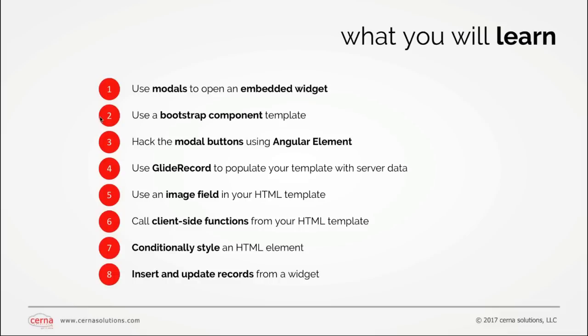We'll use GlideRecord to populate your template with server data. We will use an image field in your HTML template. We'll call client-side functions from your HTML template, conditionally style some HTML elements, and insert and update records from your widget. So it sounds like a lot, but hang in there and you'll see this all come together.